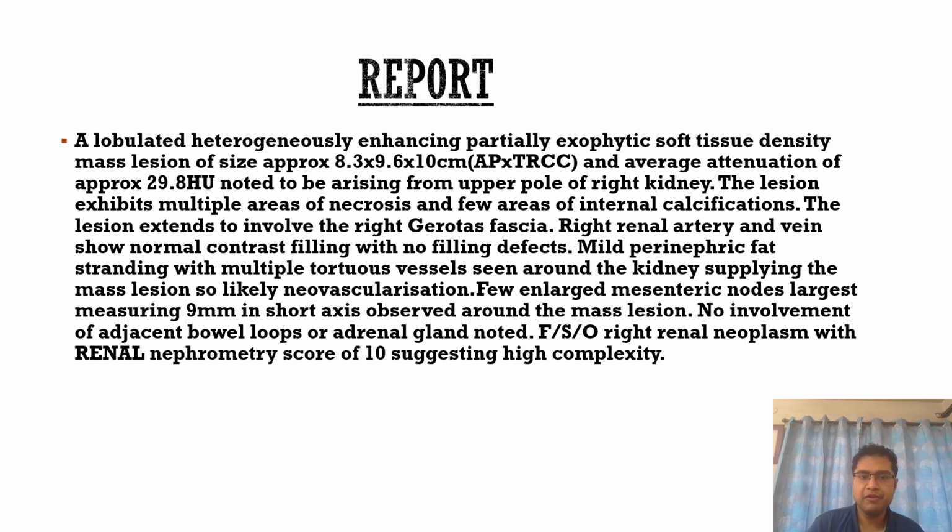There was mild perinephric fat stranding and multiple tortuous vessels around the kidney supplying the mass lesion, likely because of neovascularization. There were few enlarged mesenteric nodes seen in the vicinity of the mass, and there was no evident involvement of the bowel loops or the adrenal gland. Features were suggestive of right renal neoplasm with renal nephrometry score of 10. So here the lesion has high complexity.